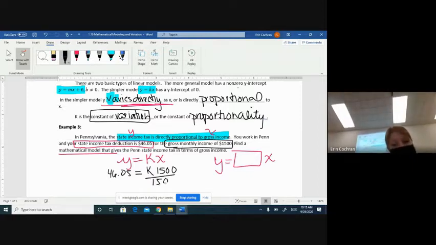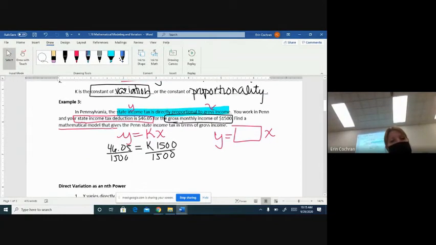Divide by 1,500. So k would equal what? 0.0307, right?